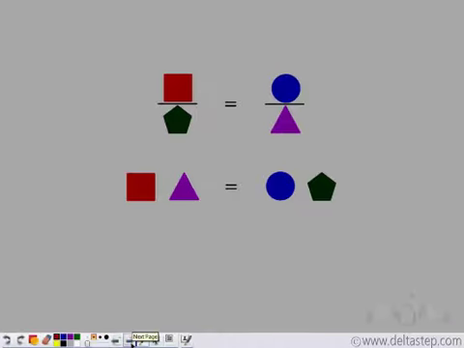So if you have this by this is equal to this by this, that is, there are two fractions. You can take this here, take this here and multiply. So this goes here, which is what we have. This goes here, which is what we have.